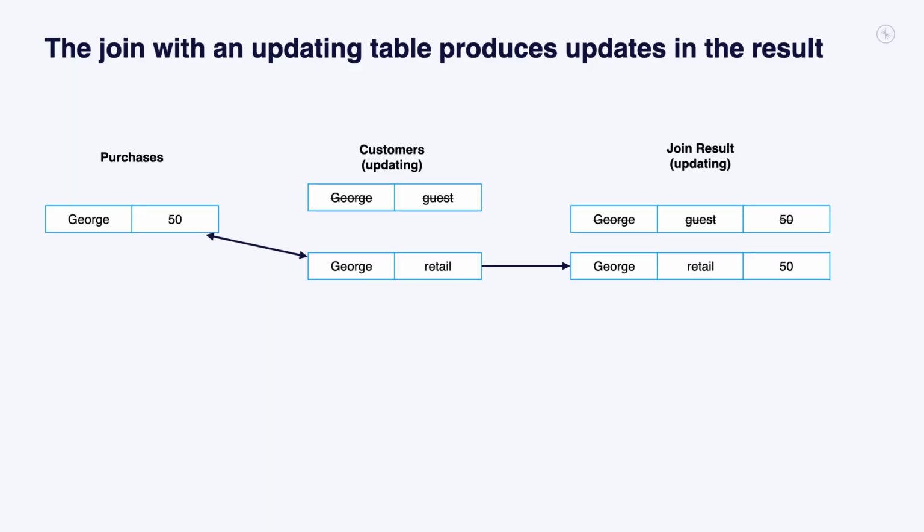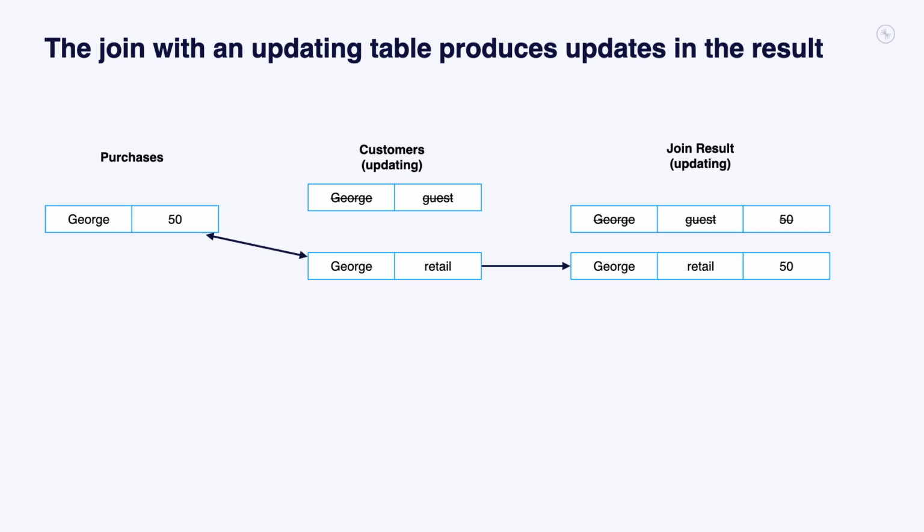While that's correct, it's not exactly what I was hoping for, because it changed a previous entry, and we're missing the information that he actually purchased this item when he was a guest. Now it shows that he made the purchase when he was a retail customer. That's not quite what we want, even though it is technically correct information.